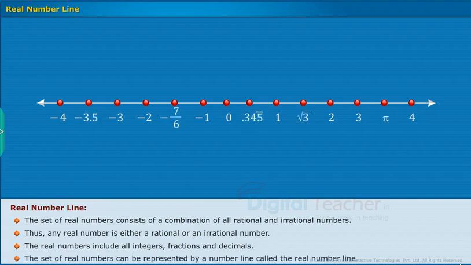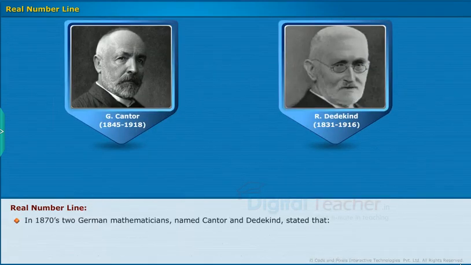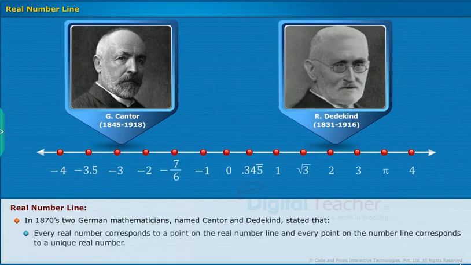The set of real numbers can be represented by a number line called the real number line. In the 1870s, two German mathematicians named Cantor and Dedekind stated that every real number corresponds to a point on the real number line, and every point on the number line corresponds to a unique real number. Only the number 0 is neither negative nor positive.